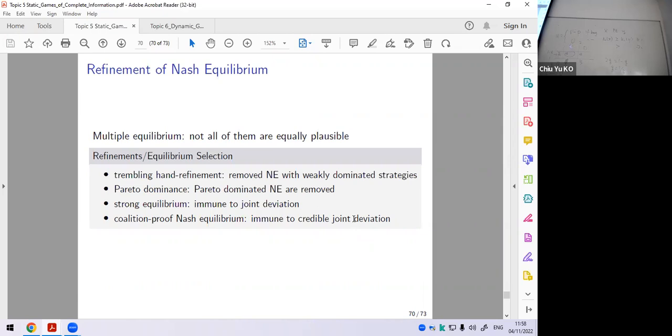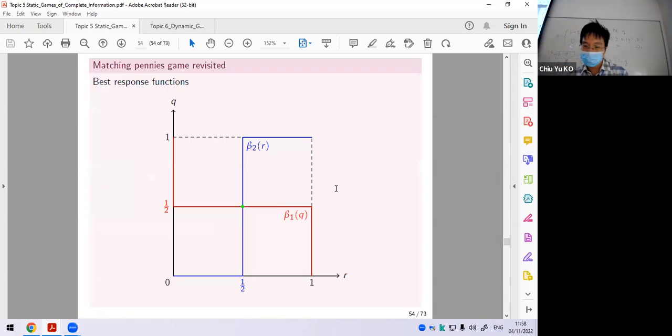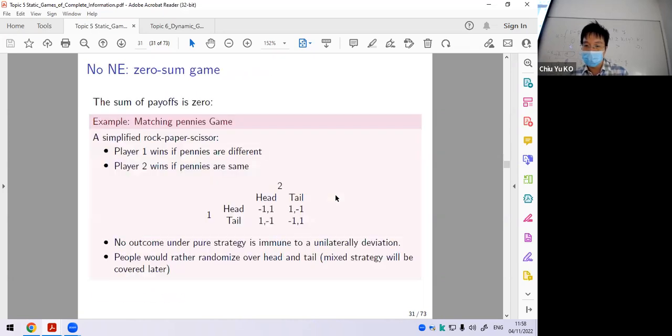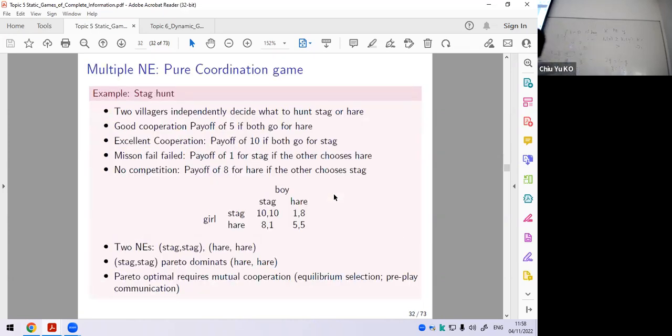The second one is just using the Pareto dominance idea. Remember the stag hunt, right? Remember this game. There are two outcomes here. This outcome is uniformly better than this one, so we assume that this one will be the outcome.